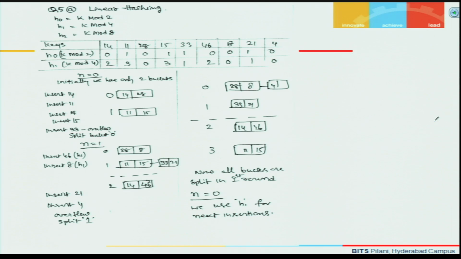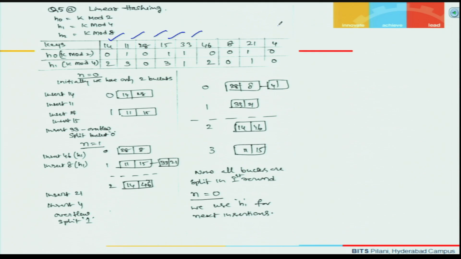If I am using h0, the address space contains only 2 buckets, and if I am using h1, it should contain double the number of locations that were possible with h0. So it should always double. If I am using k mod 2, the next hash function should be k mod 4 and the next one should be k mod 8. That is the basic concept. Now let us assume that the records to be inserted have key values 14, 11, 28, 15, 33, and so on and so forth.